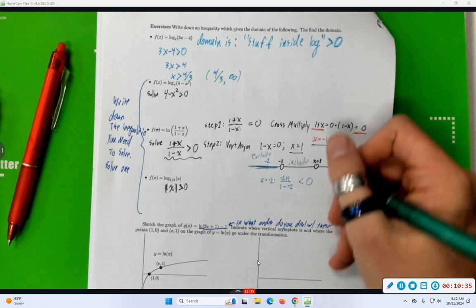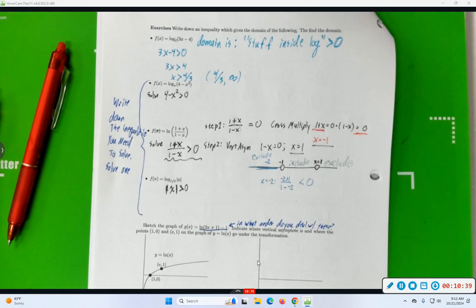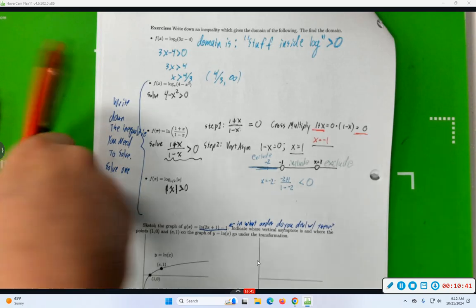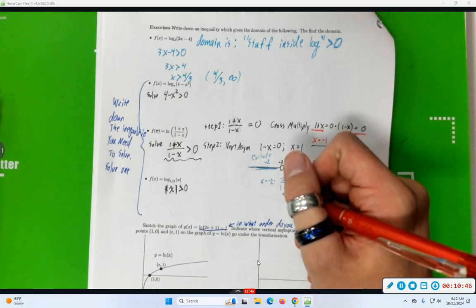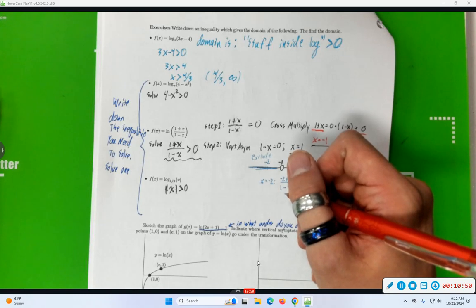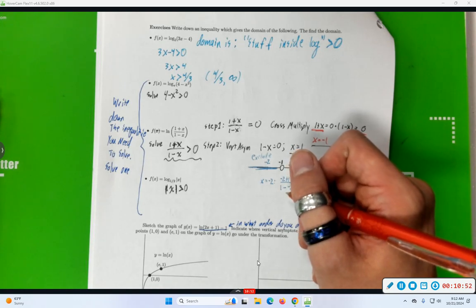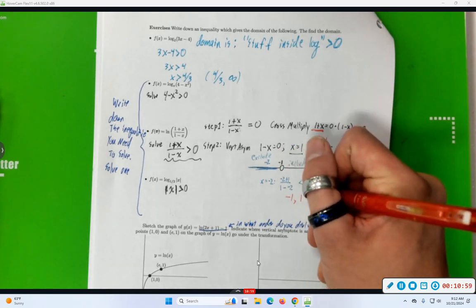Okay. Nice. Is that enough that you now know what the domain is? What interval is it? Yeah, but I want someone to say it. -1 to 1. Cool. Including or excluding? Excluding. Cool.